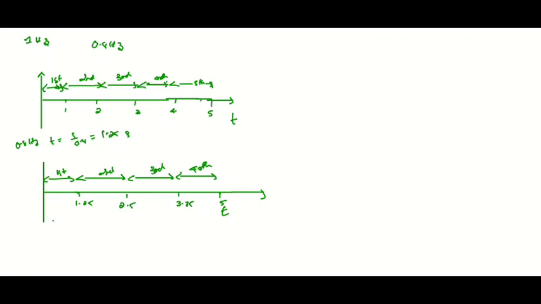Now if these two signals are added together, we can see that both these signals start at 0 and end at 5 seconds. Both of them repeat themselves after 5 seconds, right? So the resultant form will also repeat itself after 5 seconds. If I add these two, this represents one cycle, right?